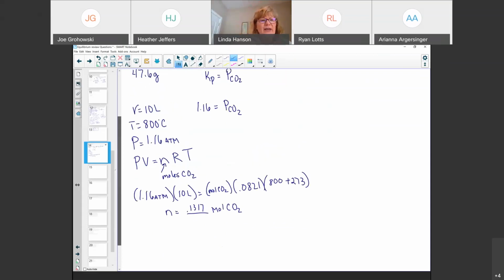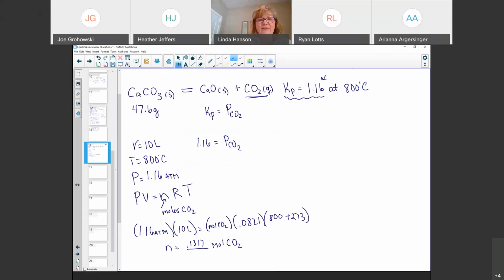Back to your equation, if I know this number of moles, I use stoichiometry to convert over to this number of moles and then find its mass.